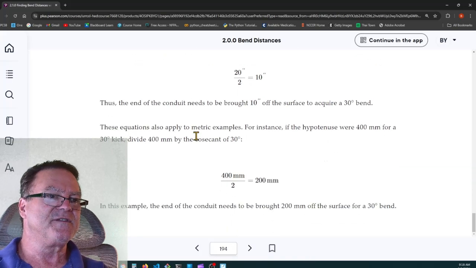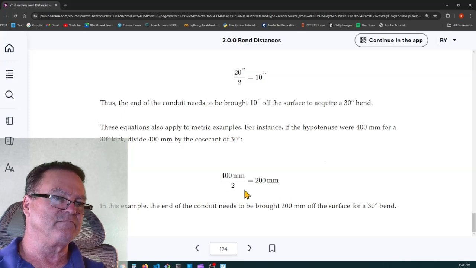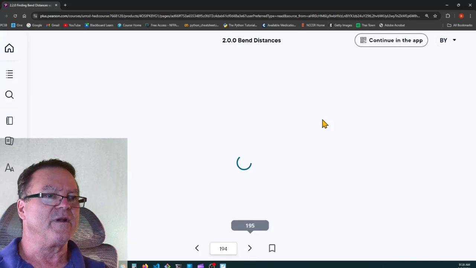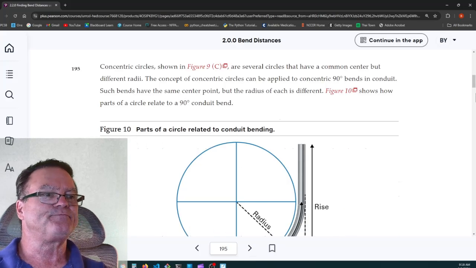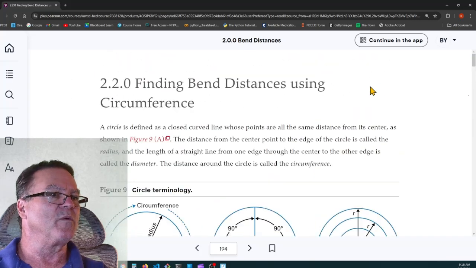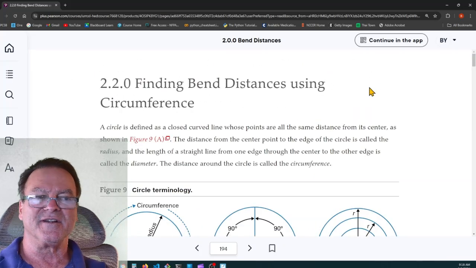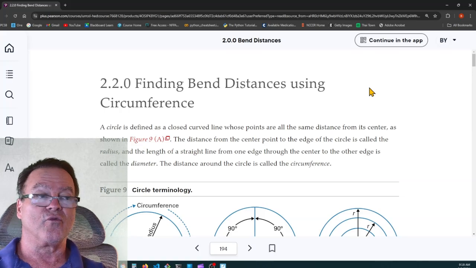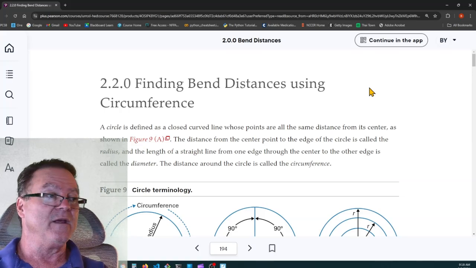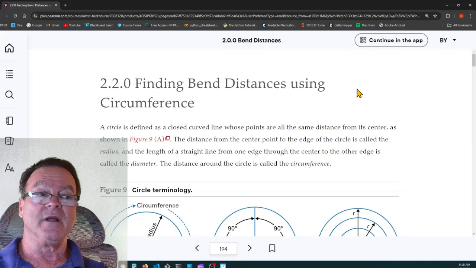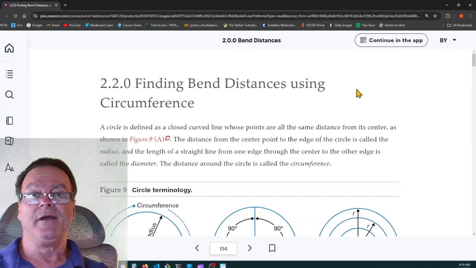All right. And these equations also apply to metric. We don't do metric. So if you're somewhere where you do metric, I apologize. Metric is a great system. It really is. I have a lot of respect for it. I'm an old man. I'm never going to be comfortable with it.